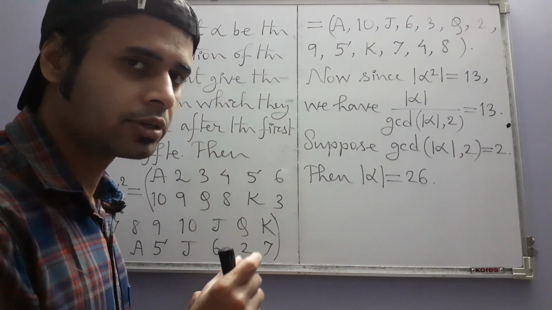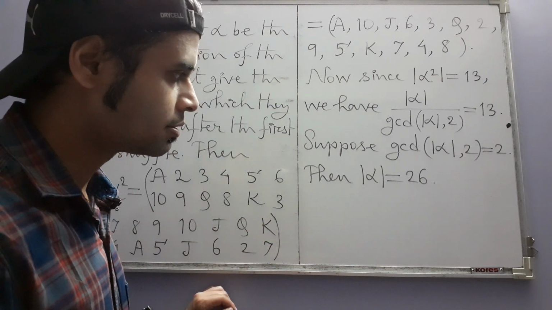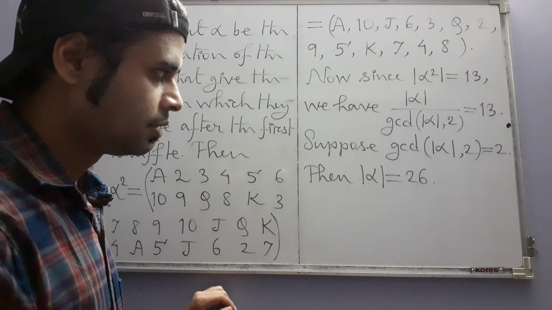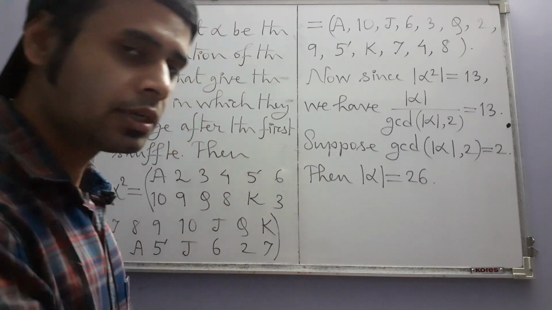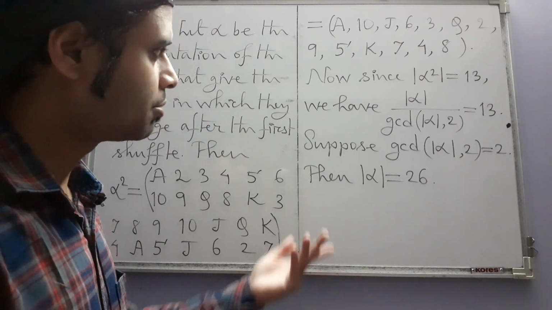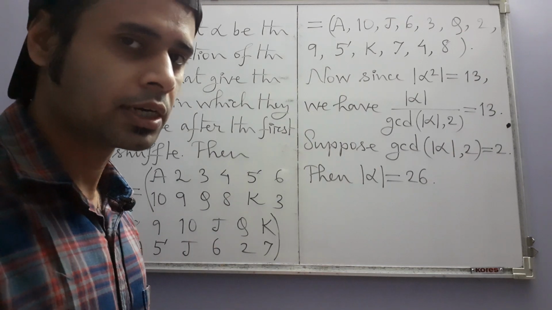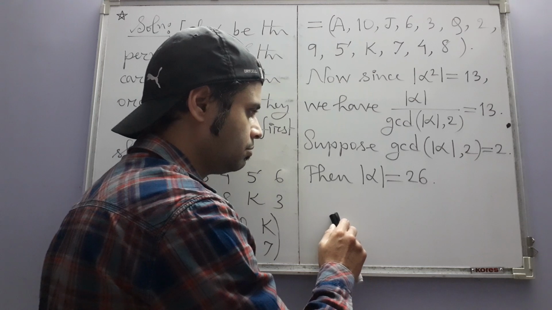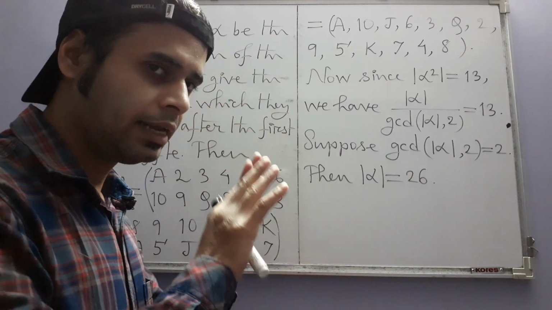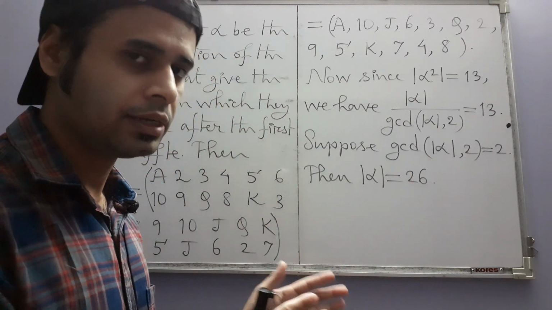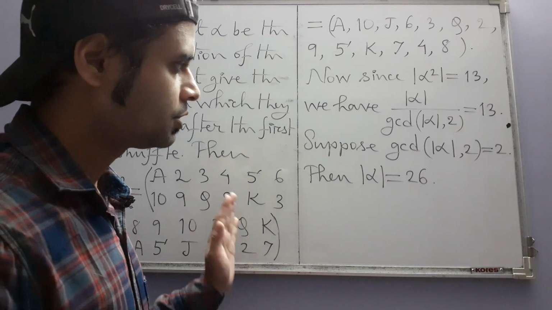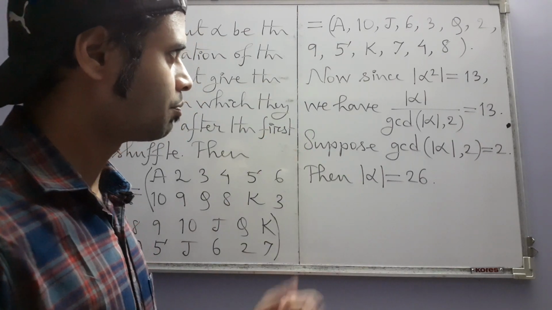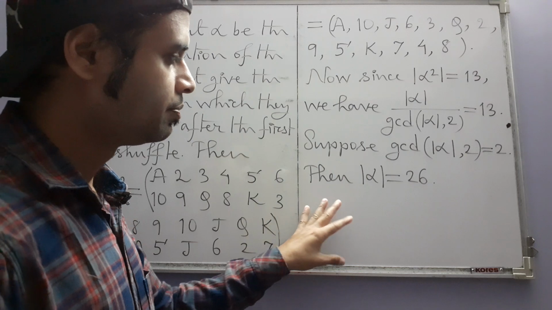But in order to get LCM equal to 26, we must have either a 26 cycle, which is not possible because 26 symbols are not there, only 13 are there. So that means we will need a 13 cycle. Say you consider a 13 cycle, somewhat like alpha square itself.